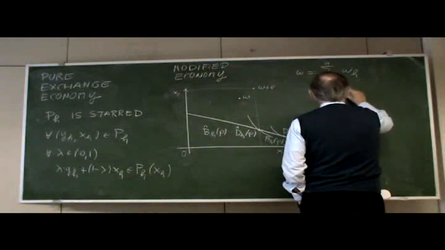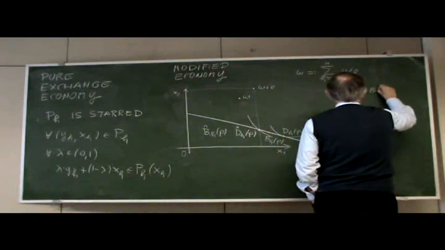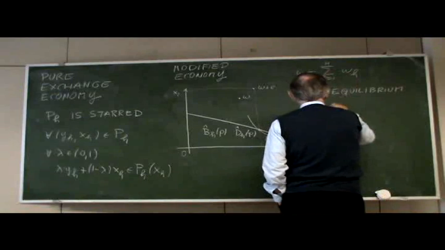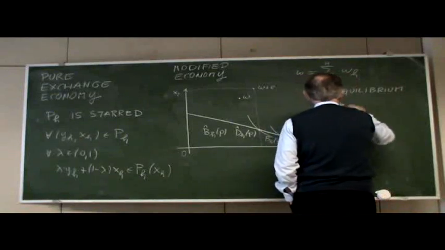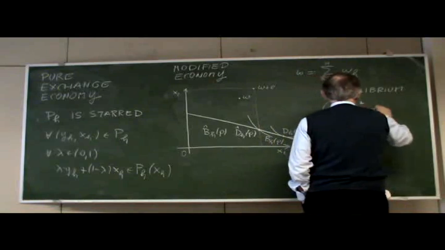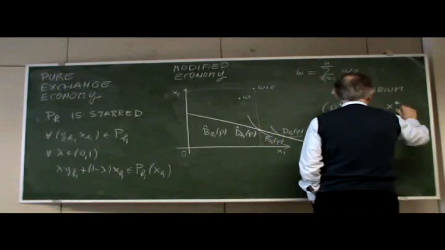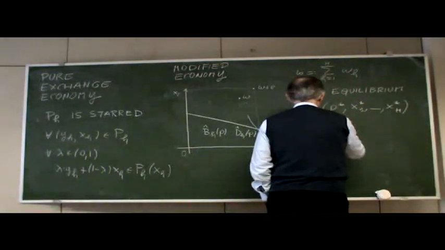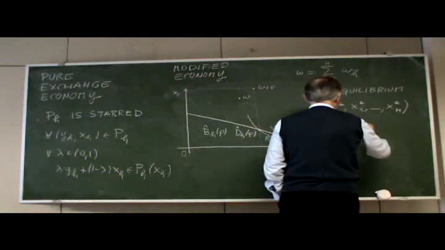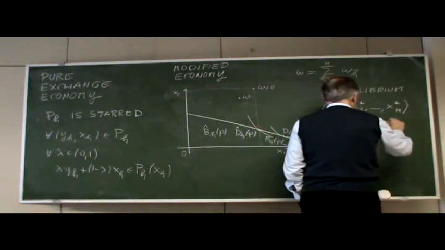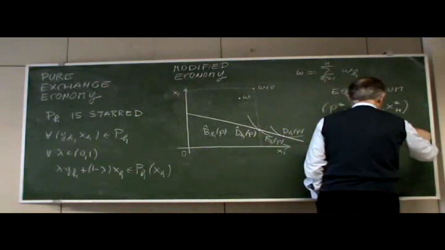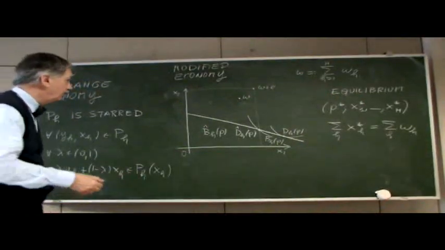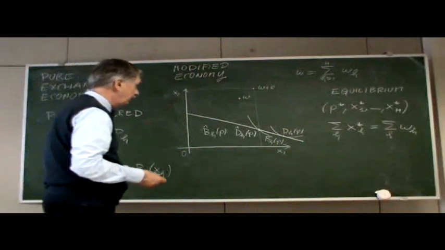Now consider equilibrium for the truncated economy. You have a price system P star and a set of consumption vectors X star 1, ..., X star H for every household, such that the sum of these X star H must be equal to the sum of omega H. Here, since we have a pure exchange economy without free disposal, you obtain this result in equilibrium.